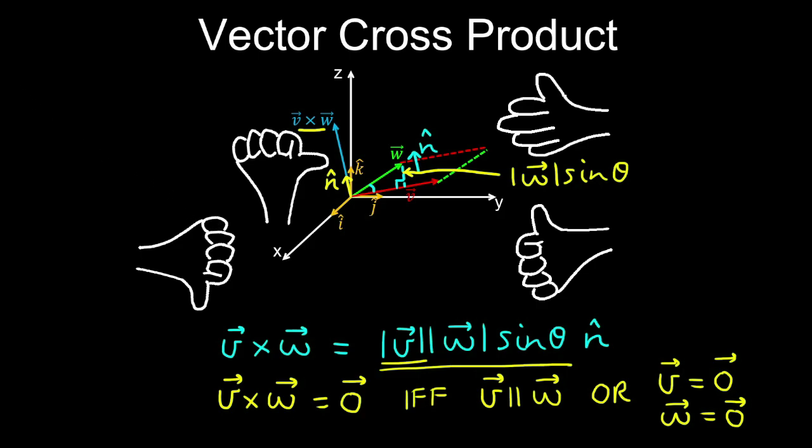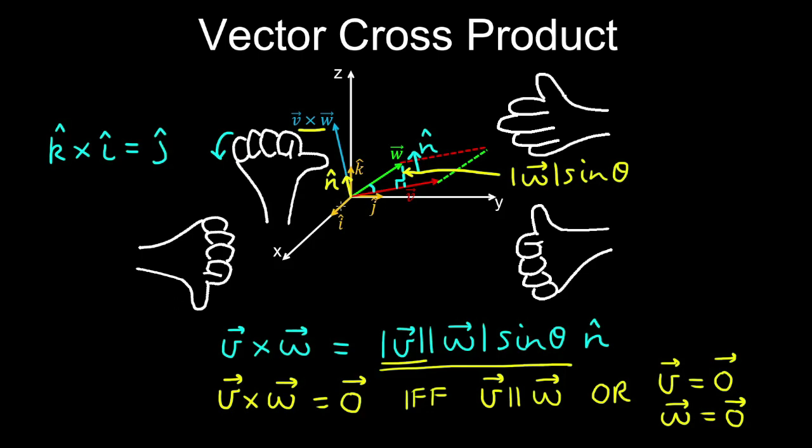Now we can evaluate the cross product using the right hand rule. So for example, if we want to evaluate the cross product between the unit vector k and the unit vector i, then we take our right hand and curl our fingers from k to i, and then your thumb points in the direction of the resultant vector, in this case being j.